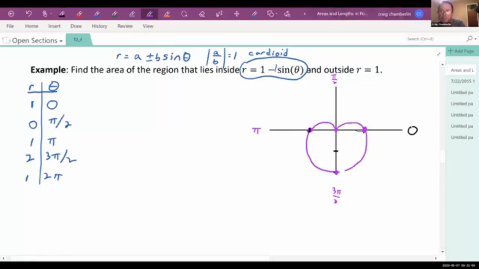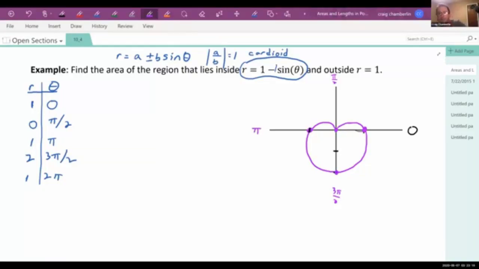Not too bad. I've drawn worse. And so that's our cardioid, r equals 1 minus sine of theta. And of course, yes, check it on the calculator. By all means, do that. When you're doing the homework or the test, it's nice just to have that little security blanket with you.